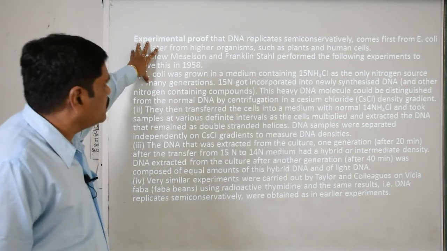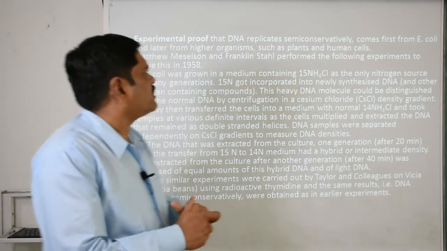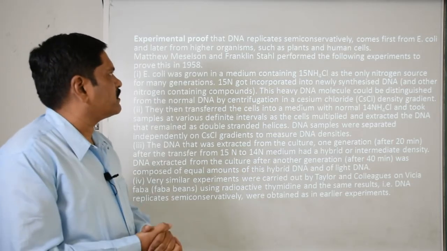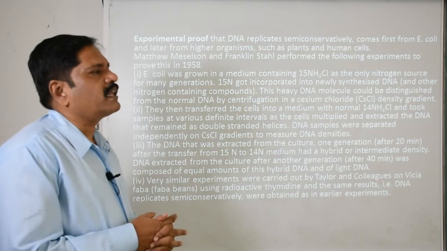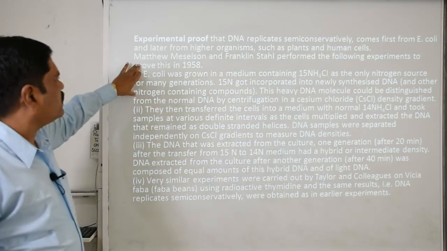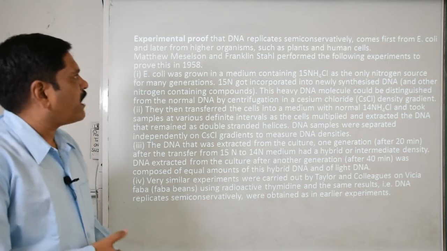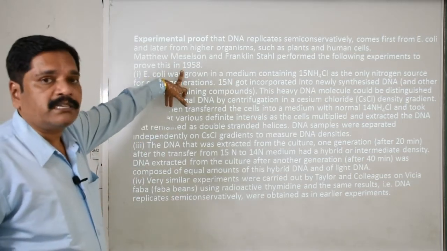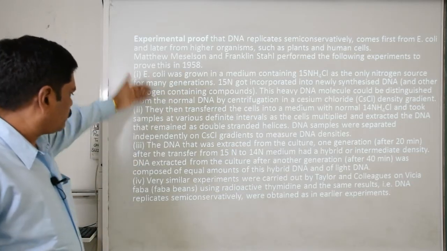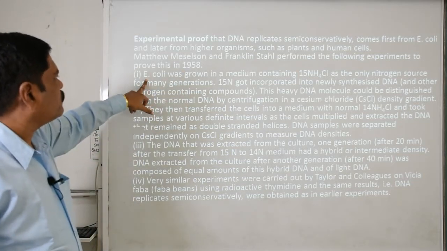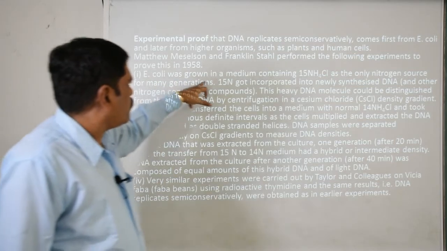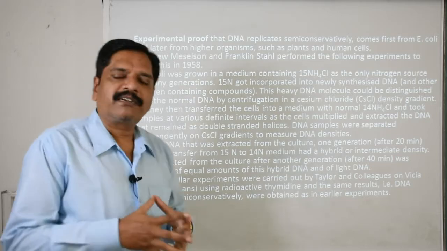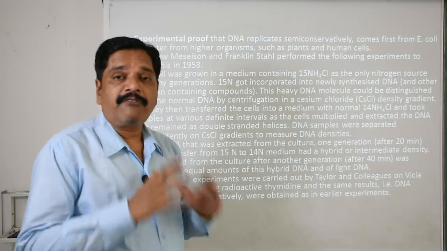Now, the experimental proof that DNA replicates semi-conservatively came first from E. coli and later from higher organisms, like human cells and plant cells also. Matthew Meselson and Franklin Stahl proved it experimentally in 1958. First of all, E. coli was grown in a medium containing 15N ammonium chloride, that is, radioactively labeled heavy nitrogen.